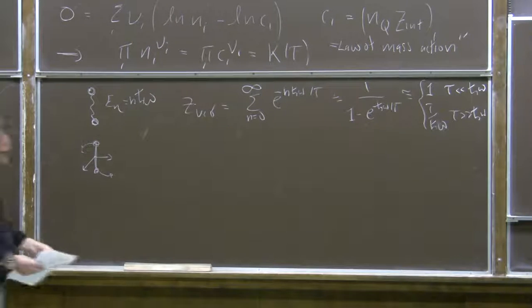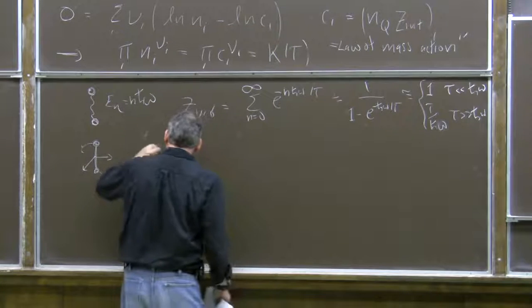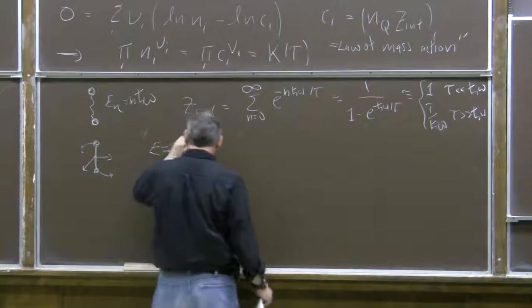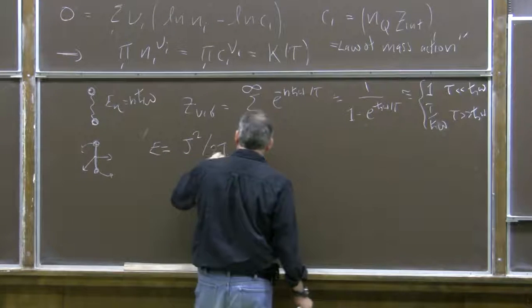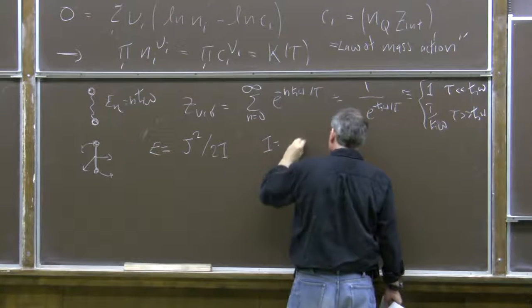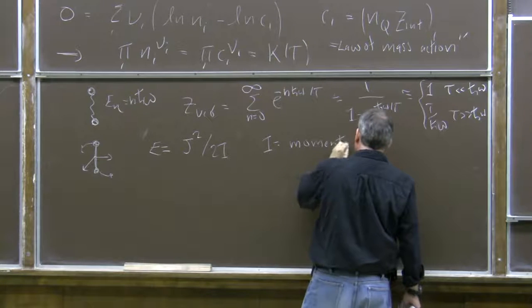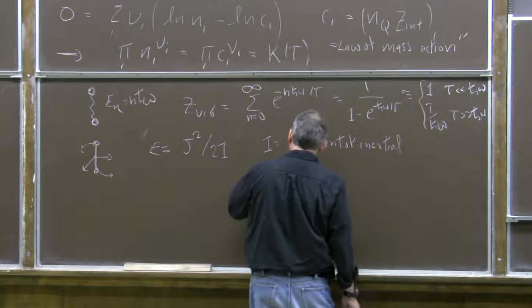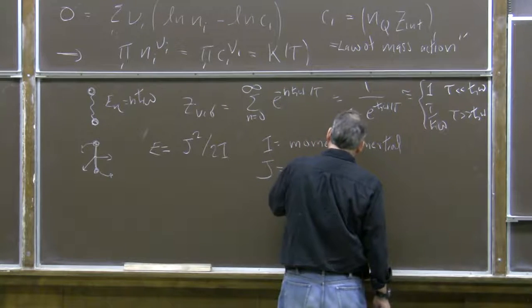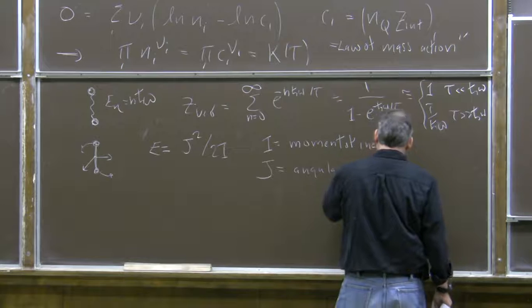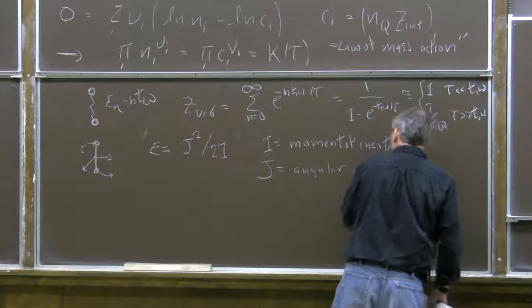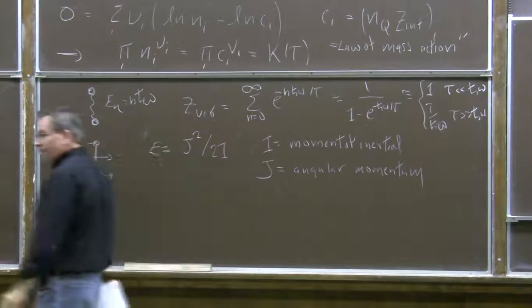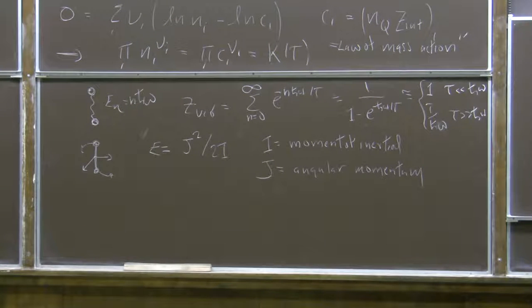And the kinetic energy of rotation is just J squared over 2I, where I equals the moment of inertia and J equals angular momentum. But that angular momentum is just, as I guess you know from physics 12b, an integer multiple of h bar.